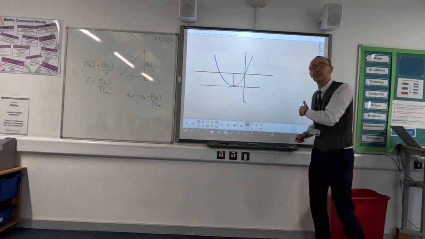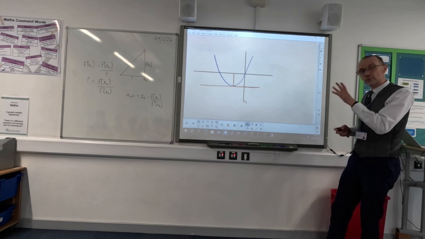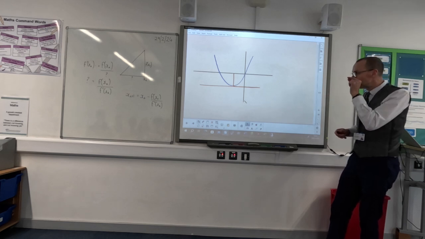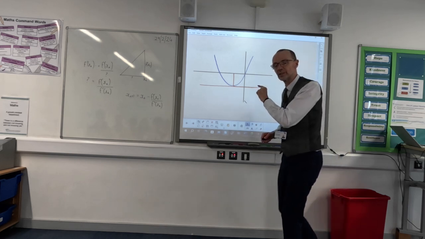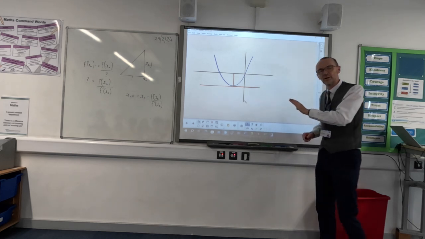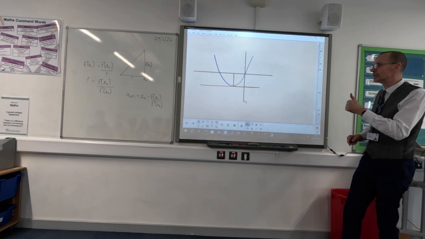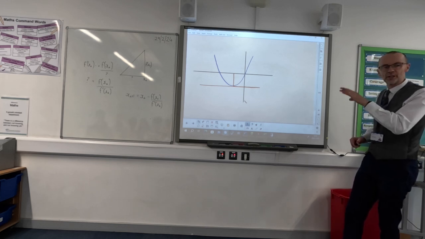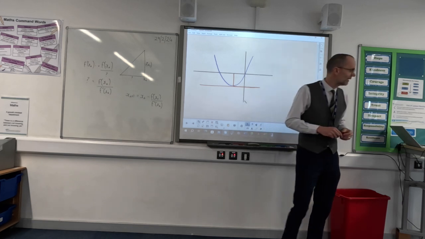And x is minus 3 just happens to be where there's a turning point. So Newton-Raphson works pretty well apart from if you happen to start at a turning point on the curve. That isn't going to work. The one value you shouldn't use is a turning point, and if you've got a graph with several turning points, then that would be unwise.